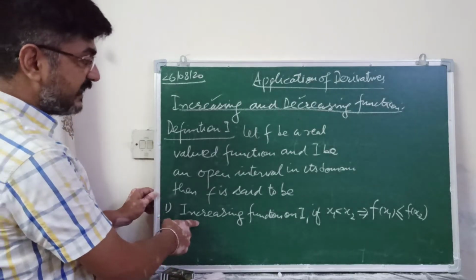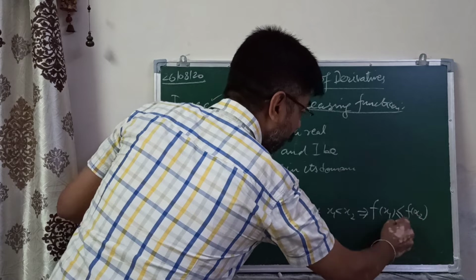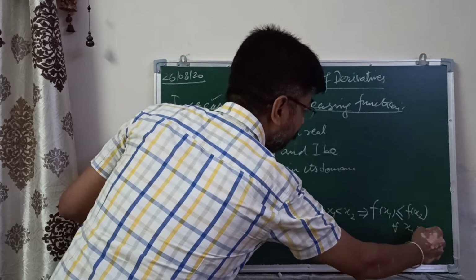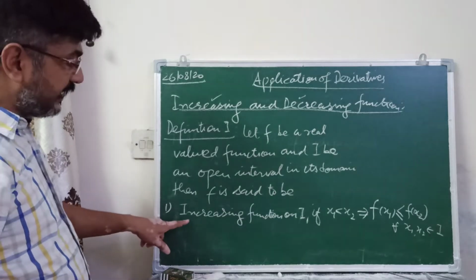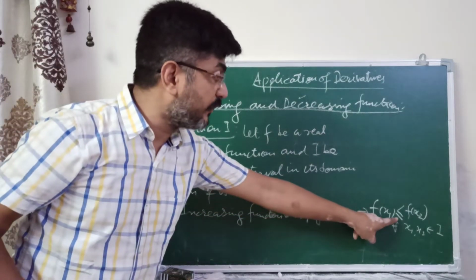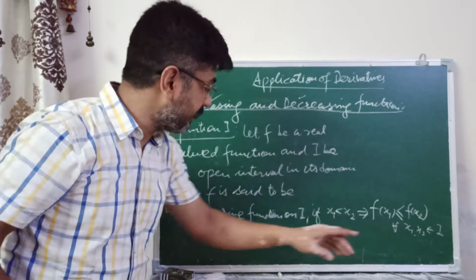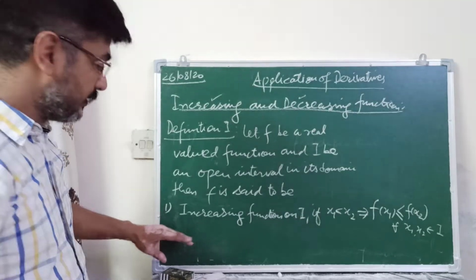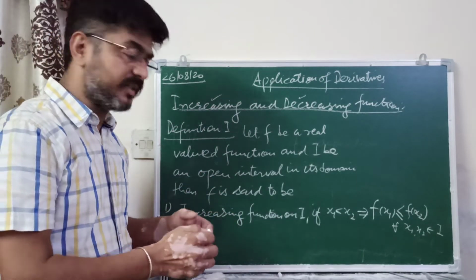If it is increasing, then f(x1) is less than or equal to f(x2) for every x1, x2 belonging to interval I. This is for an increasing function. Now, if there is not a sign of equal, only f(x1) less than f(x2), then it becomes strictly increasing. It means there is no chance of f(x1) and f(x2) being equal.